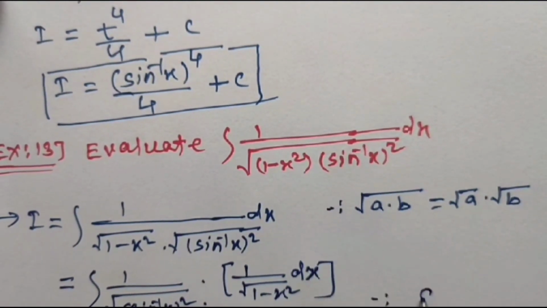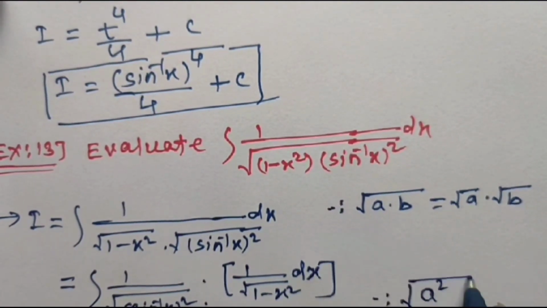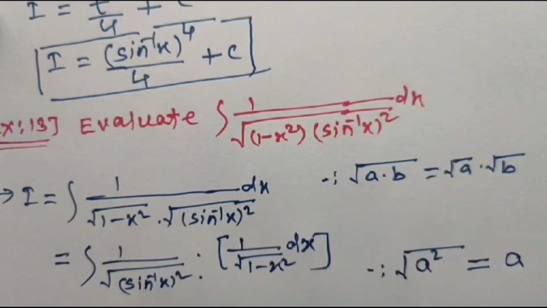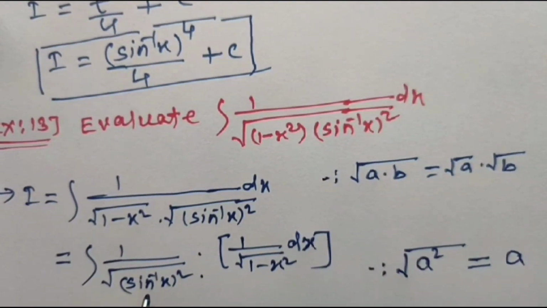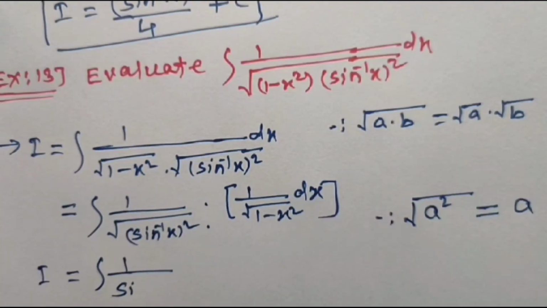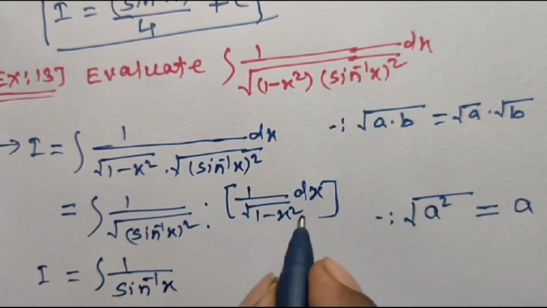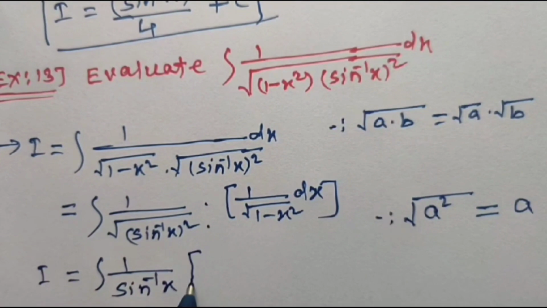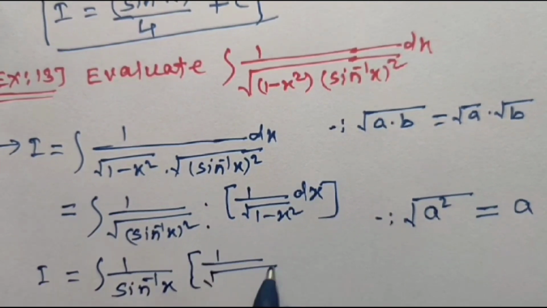But you know, the square root of a square is equal to a. So the square root of (sin inverse x) square is nothing but sin inverse x only. So I can be written as I is equal to the integral of 1 upon sin inverse x, and this bracket as it is, 1 upon square root of 1 minus x square dx.